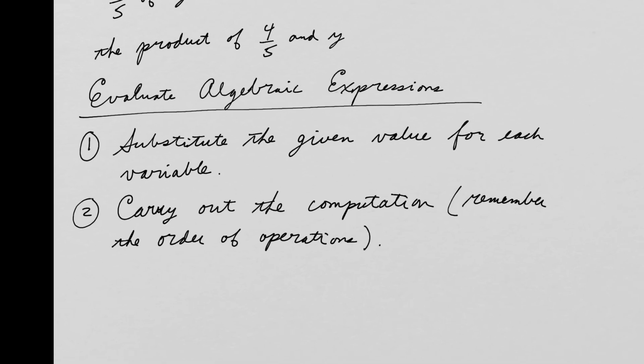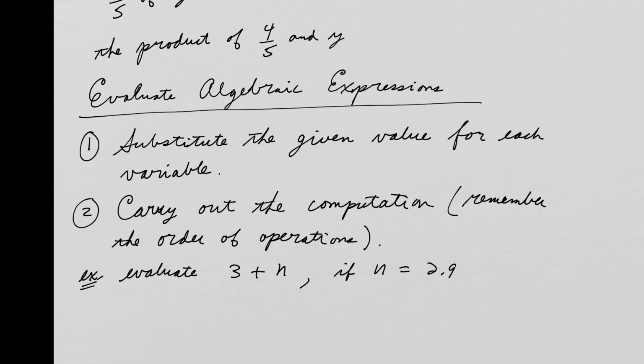Okay, so let's do a couple of examples here. Let's say I want to evaluate three plus n if n takes on some particular value. Let's say n is 2.9.